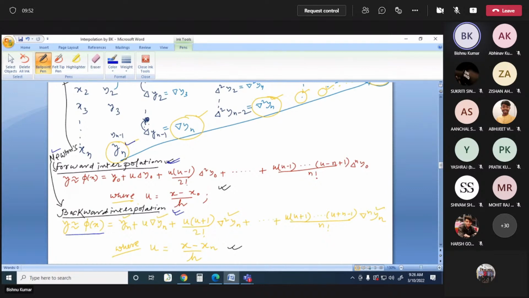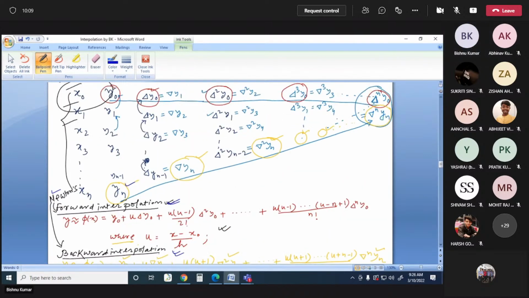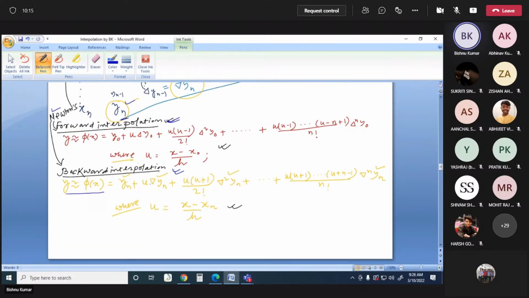Grade yn is the last value of the first difference column. Grade square yn is the last value of the second difference column. In that way, all the bottom values of the difference columns, means all lower diagonal elements, you have to consider to construct this formula.